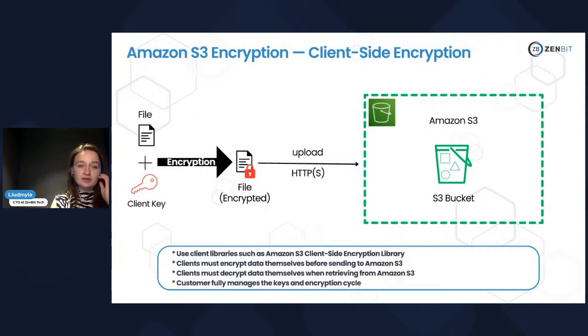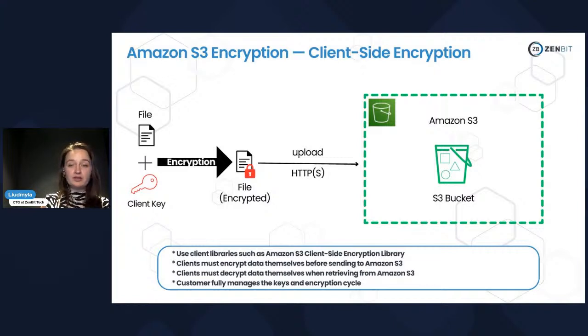Next one is client-side encryption. Here the main point is that you take files on the client side, you encrypt them yourself, you get an encrypted file, and you send it to the S3 bucket. It's stored as it is without any changes.